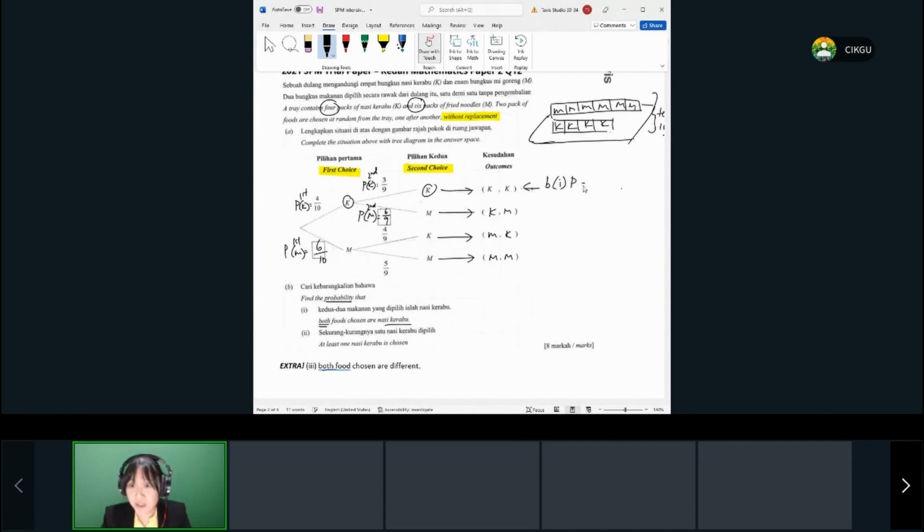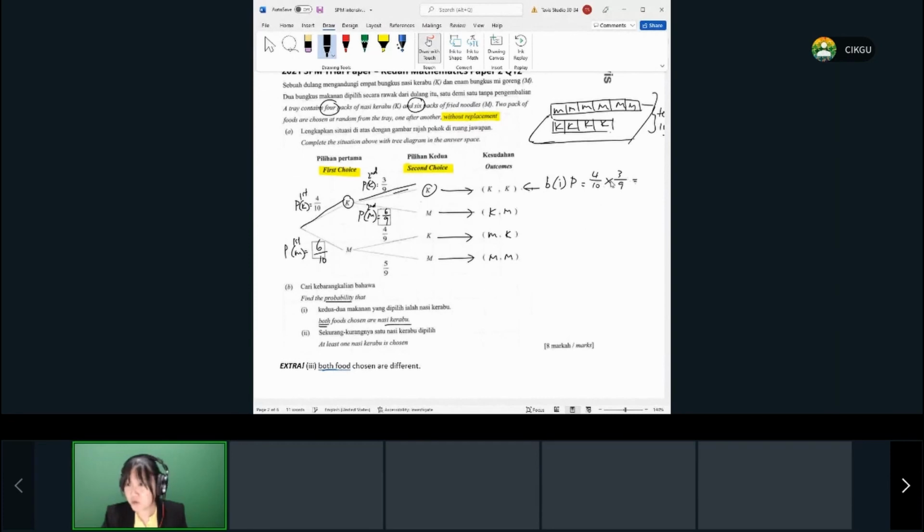With the tree diagram it is very simple, because each branch already has its probability. So all you need to do is take the probability on each branch and multiply them together, because you want both to happen. You want to pick K for the first choice, and remember, AND means multiply, you want to pick the second kerabu as the second choice. So this and this, multiply.